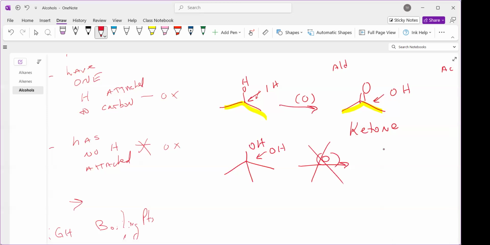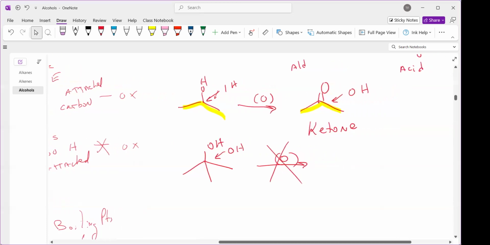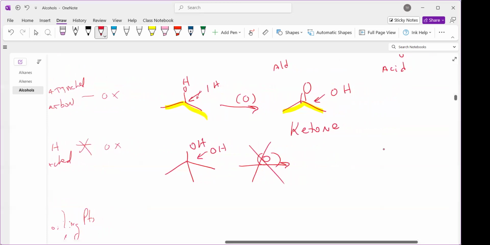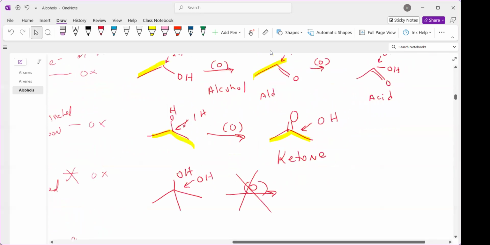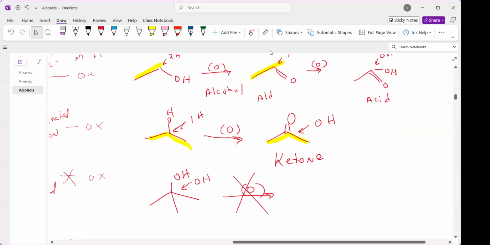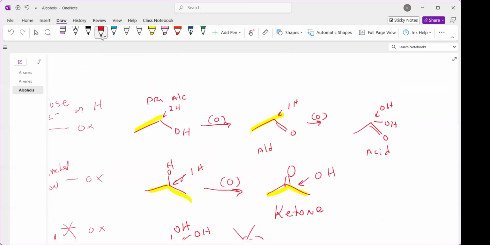Okay, you also need to know the names of these enzymes as we go. So this is going to be alcohol dehydrogenase.